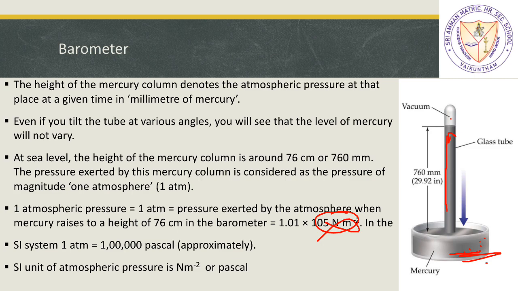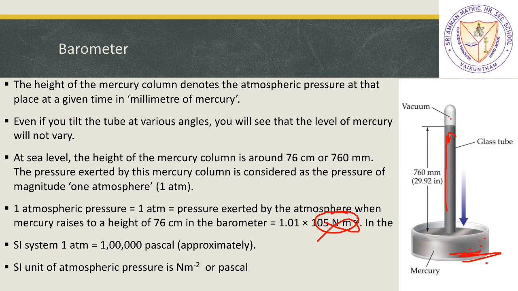So atm is not the SI unit, Pascal is the SI unit of pressure. But in terms of atm also we talk, and the conversion from 1 atm to Pascal is given as 1 atm is equal to 1.01 into 10 to the power 5 Newton per meter square, or approximately 1 lakh Newton per meter square or 1 lakh pascals.